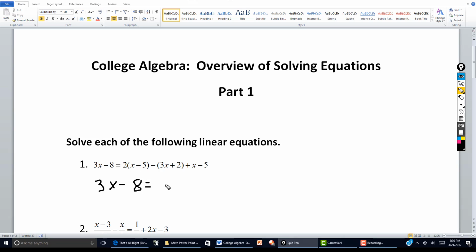So 2 times x will give me 2x. 2 times a minus 5 is a minus 10. For this one I have a minus and then a 3x plus 2. That means you're actually multiplying by a negative 1. That subtraction applies to every term in the parentheses there. So this will give me minus 3x and then a minus 2.